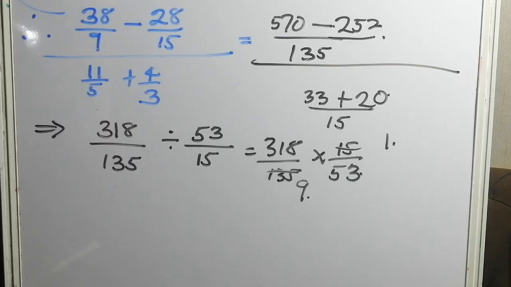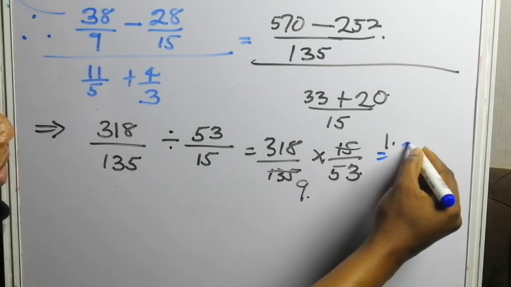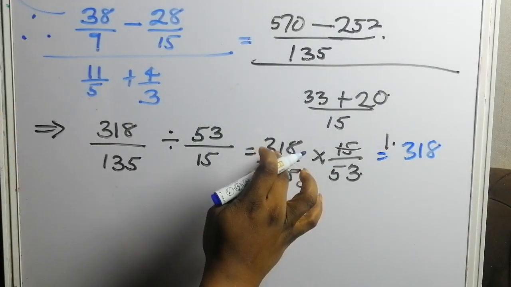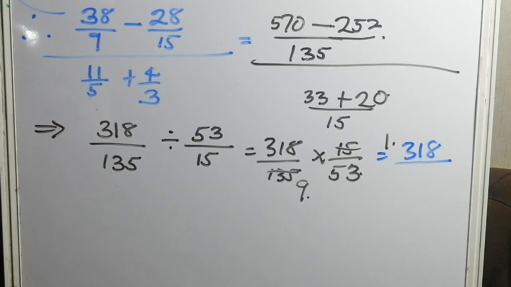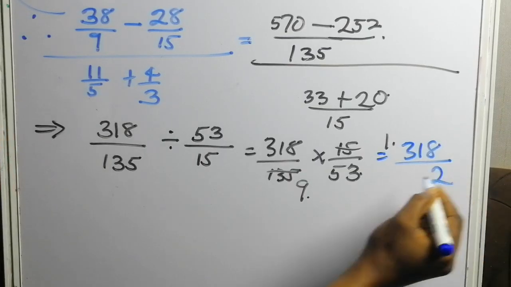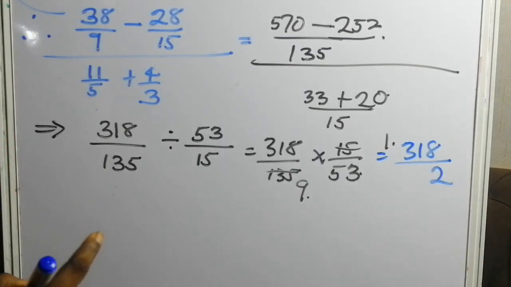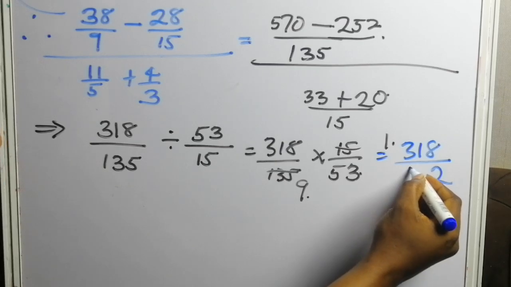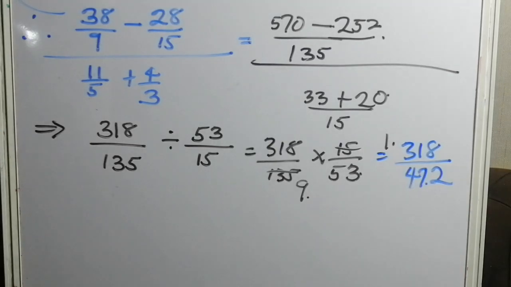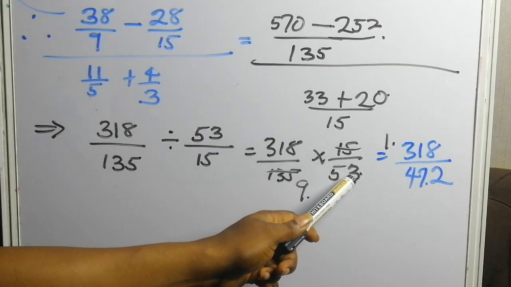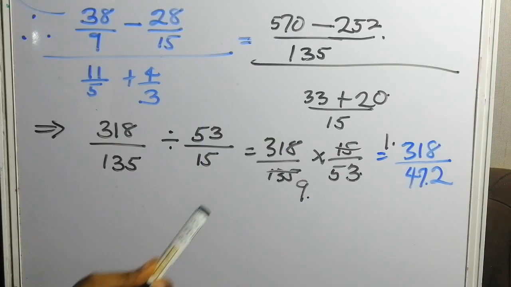So this one is the same thing as saying I now have 318 times 1, numerator times numerator, then 9 times 53. 9 times 3 is 27. Carry 2. 9 times 5, 45, plus 2, that's 47. Okay? So it's as simple as that.